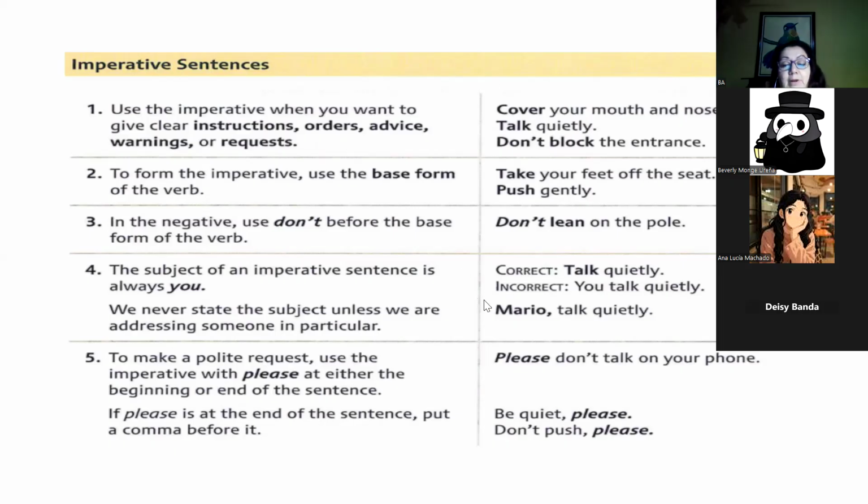Ahora, una pregunta. ¿Dónde está el sujeto acá? ¿Realmente no hay sujeto o solamente el sujeto no está visible? ¿Qué creen ustedes? No está visible. Daisy, ¿y cuál sí sería el sujeto entonces?